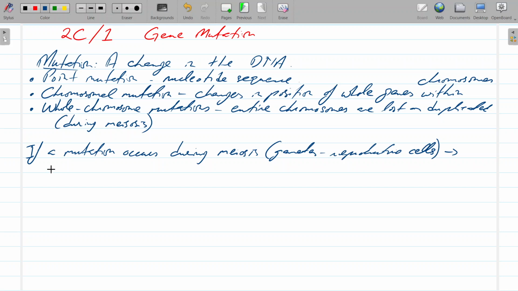Because that mutation will be passed on to the offspring. So something going wrong in your gametes might not affect you, right? But if fertilization occurs and the zygote forms and a new individual begins developing and there's a mutation in either of the gametes, then it could be very damaging, right? Because it's passed on, and that's obviously something that we wouldn't want.